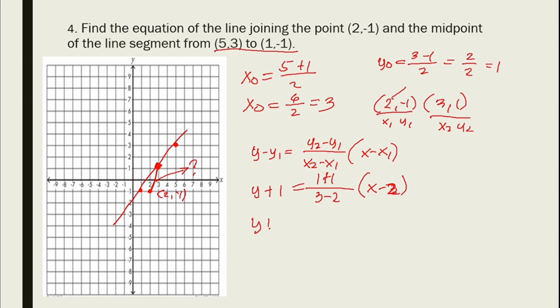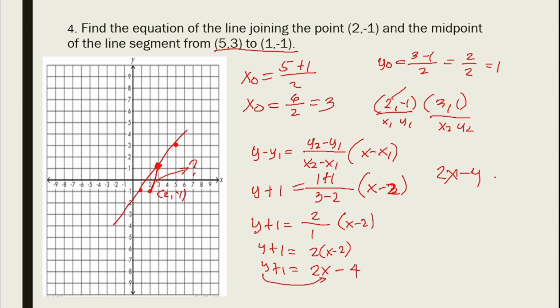So y plus 1 is equal to 2 over 1 times x minus 2. So y plus 1 is equal to 2 times x minus 2. So we have y plus 1 is equal to 2x minus 4. In the general equation, we have 2x minus y, moving everything to the right, minus 4 minus 1 is equal to 0.